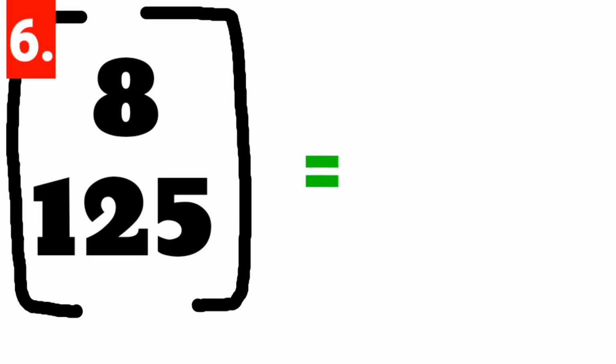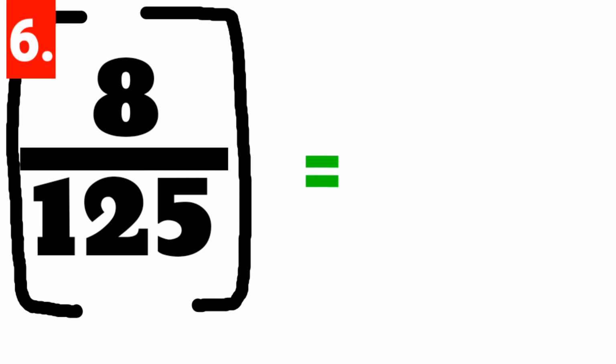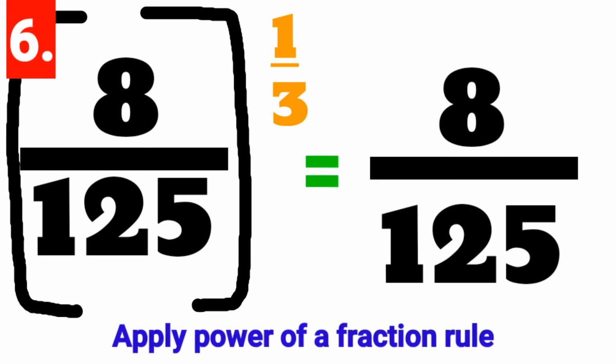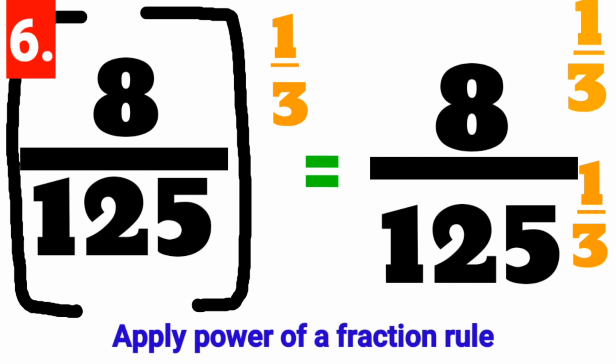The quantity of 8 over 125 raised to the 1/3 power. Raise the 1/3 power to both numerator and denominator. So we have 8 to the 1/3 over 125 to the 1/3 power.